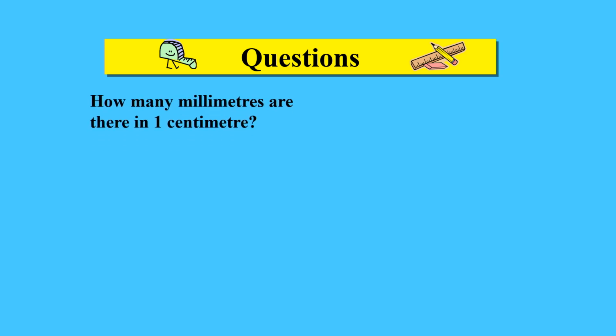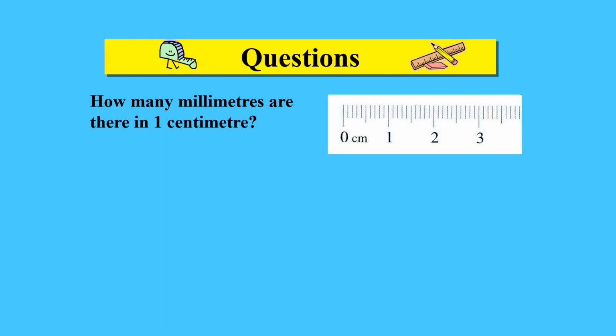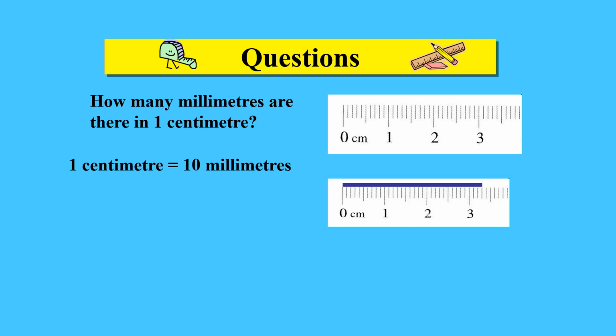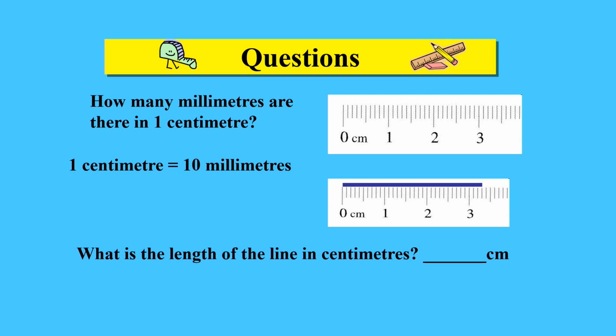How many millimeters are there in 1 centimeter? Of course, 1 centimeter is equal to 10 millimeters. What is the length of the blue line in centimeters?